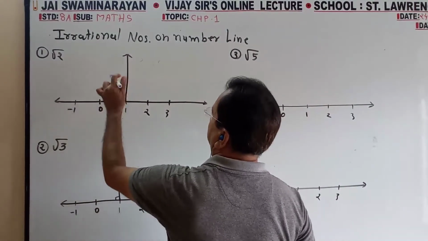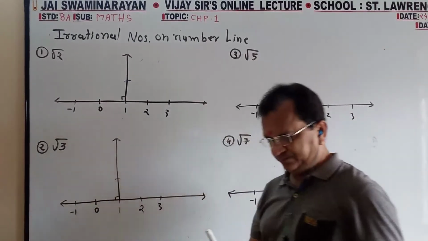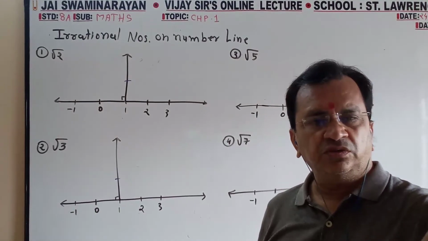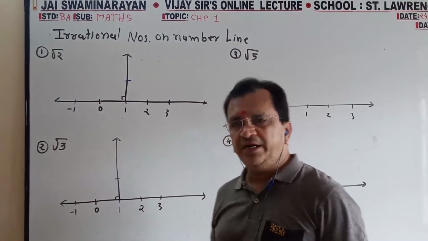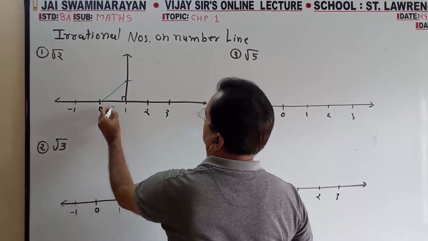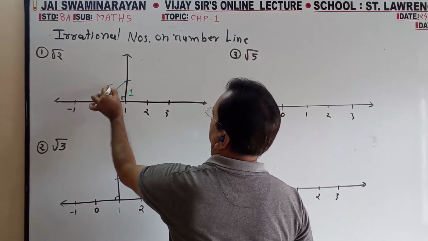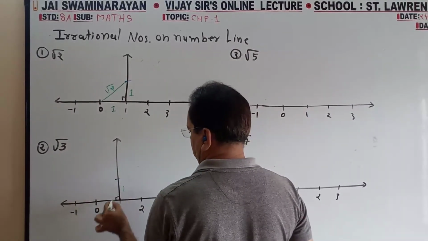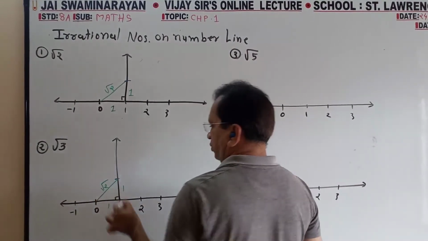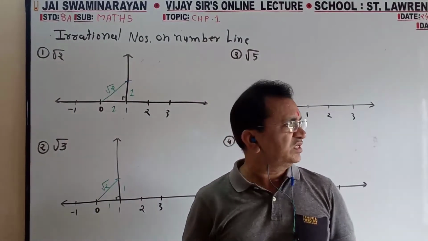This 3 centimeters, this 3 centimeters. Now join this and this. So this is 1, this is 1, and now this becomes root 2. For root 3, root 2 is very important, otherwise you can't show root 3 directly.